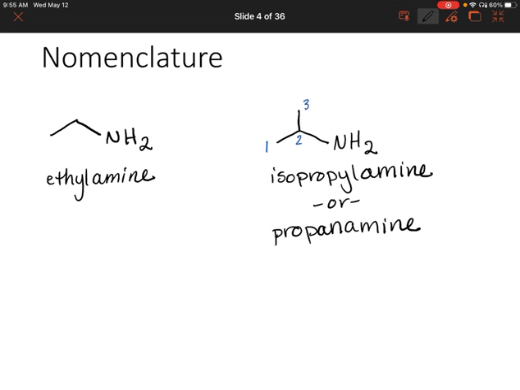And I'm going to put a 2 in front to indicate where the amine is located. So I have 2-propanamine. So that's why I mentioned that there are 2 different ways to name amines. You can list the substituent to the amine, or you can just add amine onto the end of your longest carbon chain name. A couple of other examples.